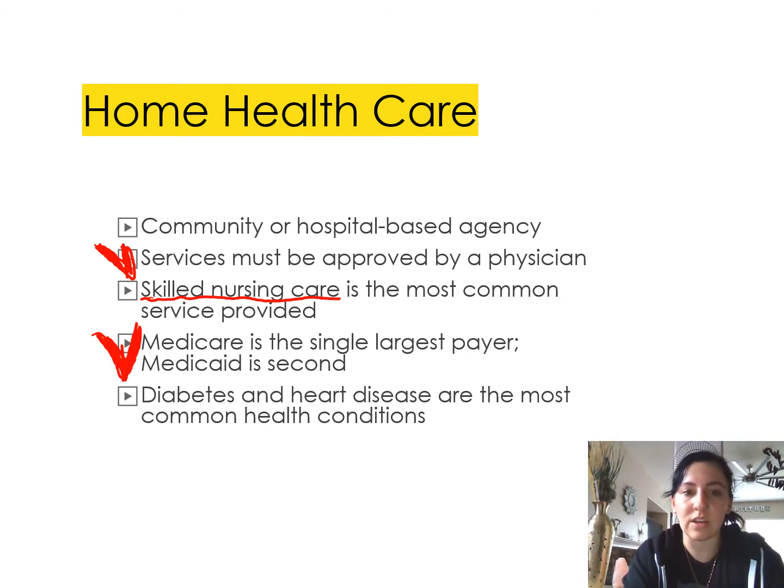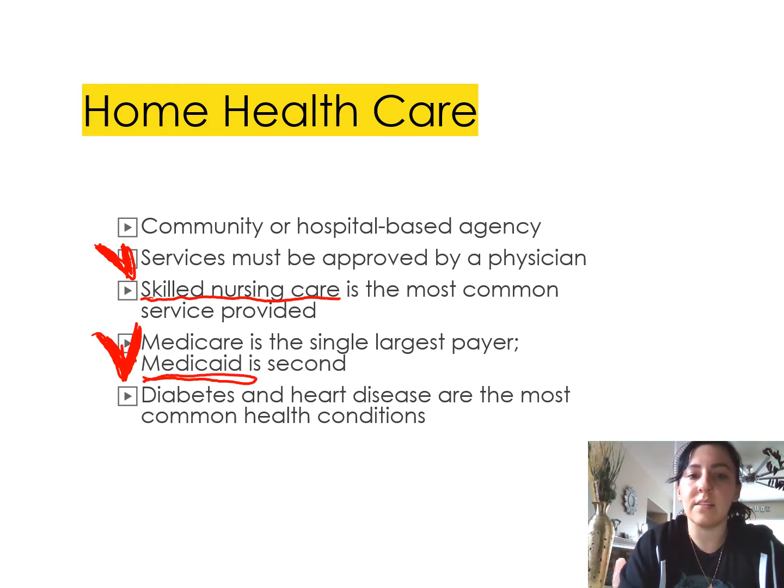So Medicare is probably the single largest payer here because this is mostly for those who are disabled and those who are 65 and older. So almost everyone who receives home health care is probably going to be a Medicare beneficiary, and so Medicare is the single largest payer for those who require home health. And then Medicaid is definitely going to be the second.